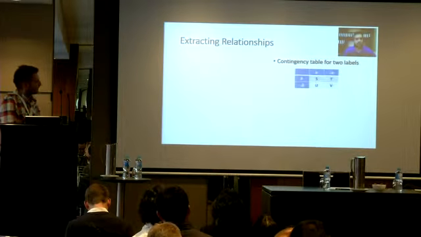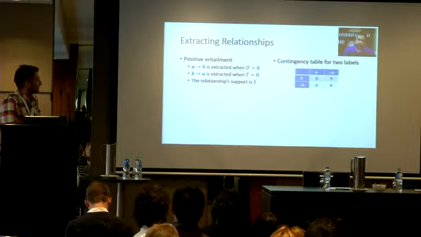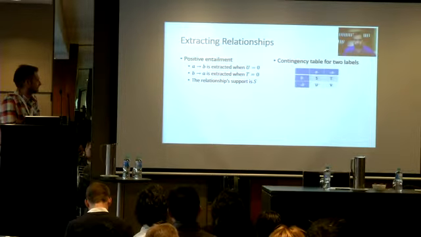For extracting relationships, we examine the contingency table for each pair of labels. Here, S plus T plus U plus V equals the number of training examples. A entails B is extracted when U equals 0, and B entails A is extracted when T equals 0.